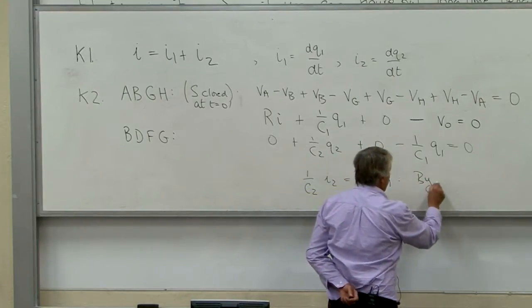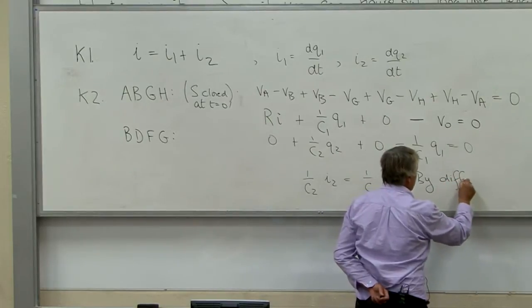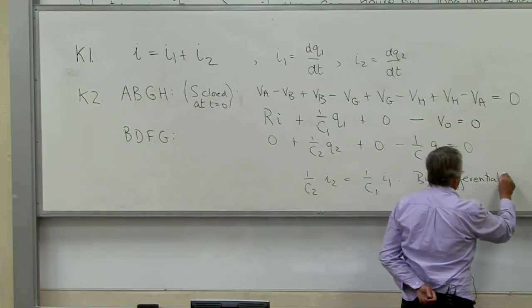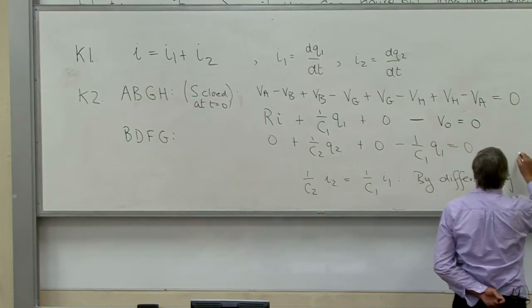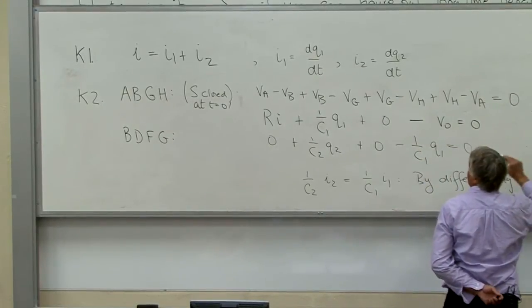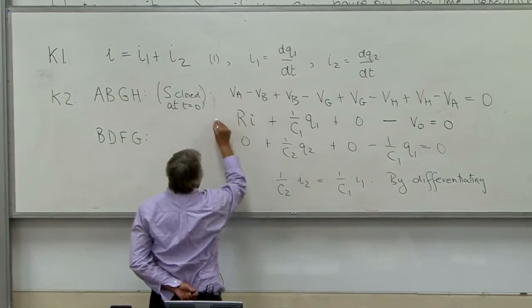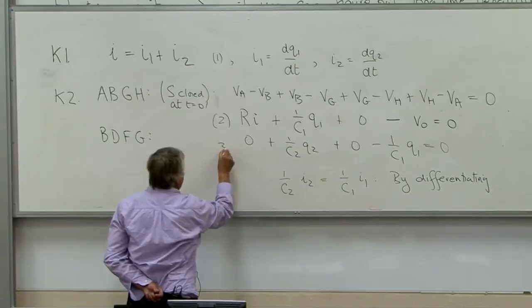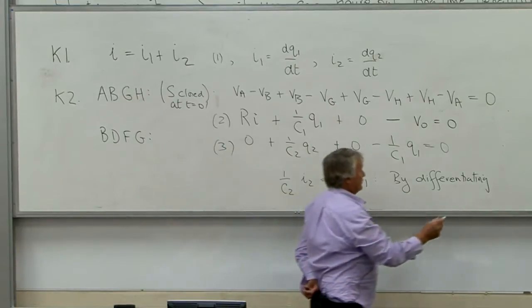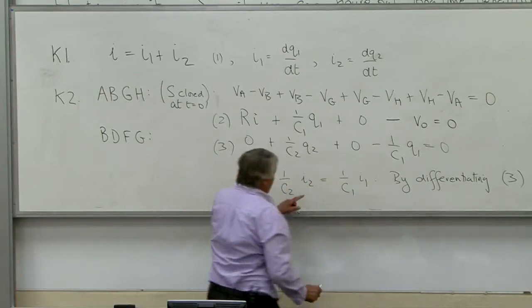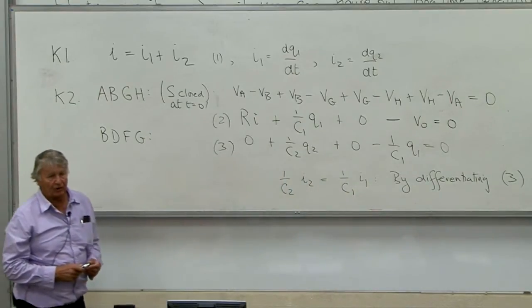By differentiating this equation here, we'll call this 1, this is 2, and this is 3. By differentiating 3, now I have a relation between I1 and I2.